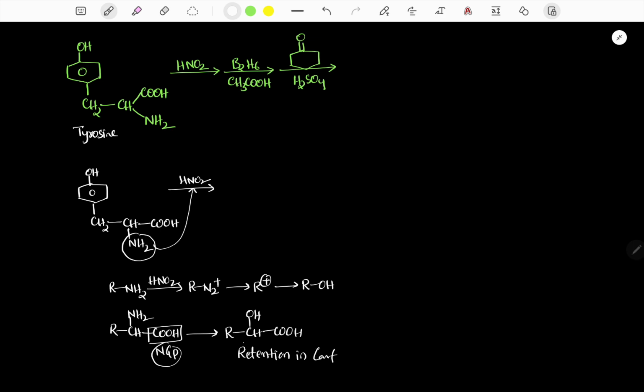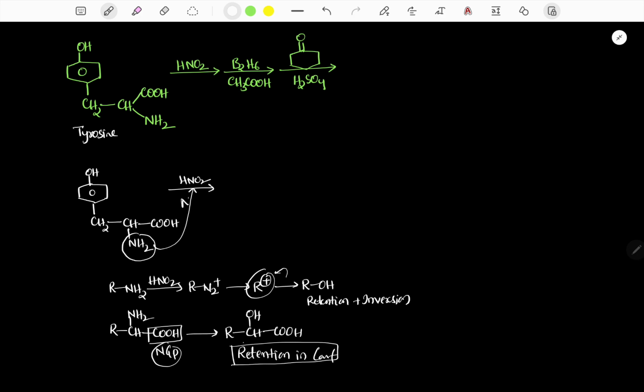Because once the plus is formed, if water is attacking, retention and inversion both are forming. But in this case, whenever the NGP group is present in alpha amino acids, retention in configuration is the only product which is forming in the reaction.